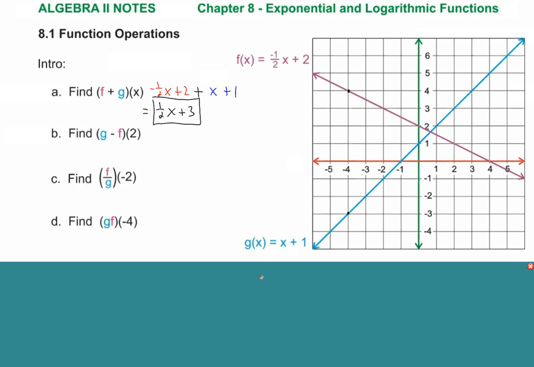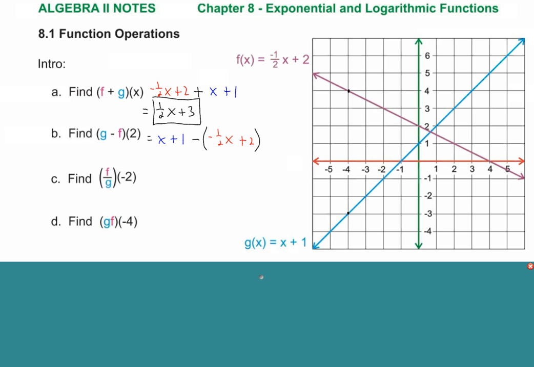Okay, so in this situation, my g function is x plus 1, and I want to subtract from it my f function, which is -1/2 x plus 2. However, here's the key. I need to subtract the whole f function from it.